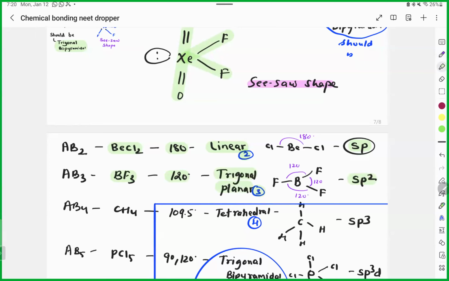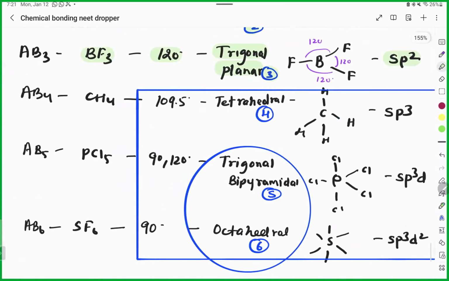But the maximum number of questions asked are only from these three configurations. If the hybridization number is 4, it will be sp3, shape will be tetrahedral, and you can see the bond angle will be 109.5 degrees. Mostly you are asked only these three.